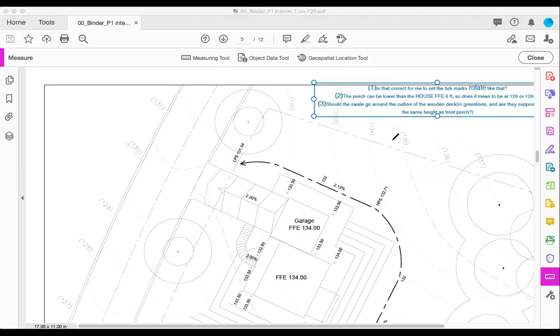The porch can be lower than, not 6 foot, 6 inches. So the porch, yeah, it's 1 step. It's a matter of whether that step happens right here or the step happens right there, right? So basically, if you have a porch that's 1 step lower than the FFE, you step up right there into your house.